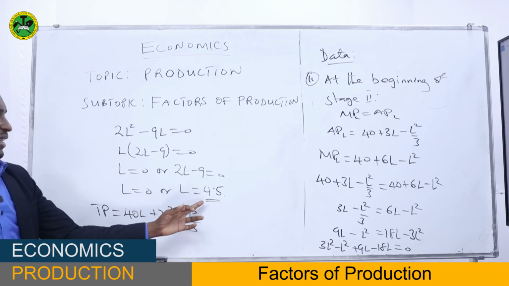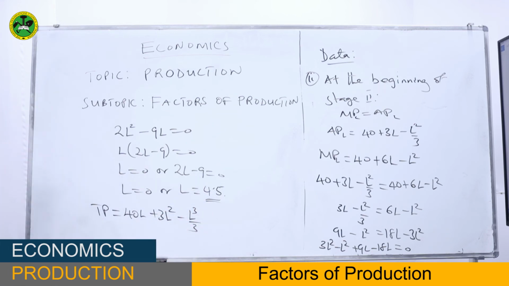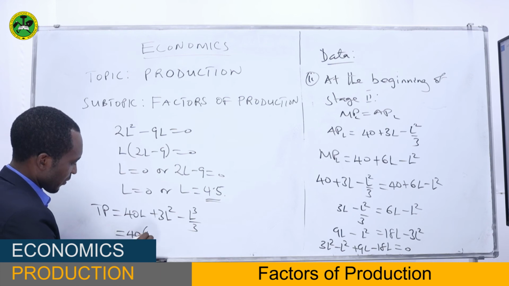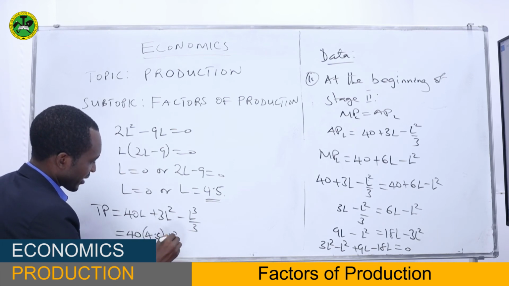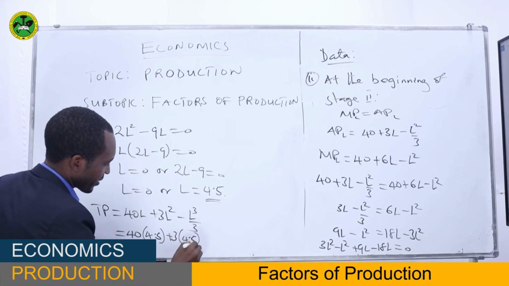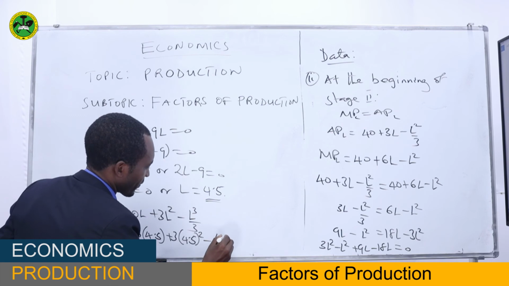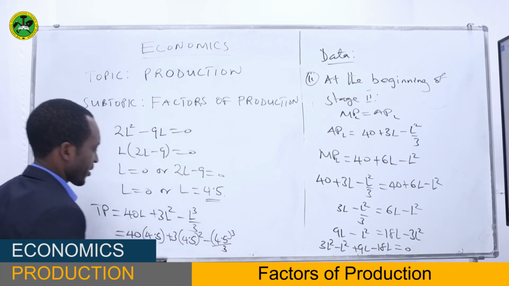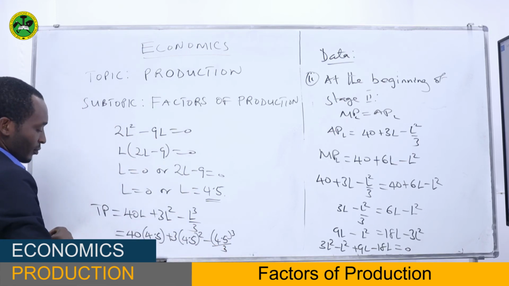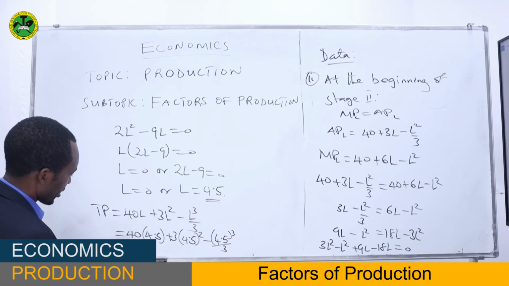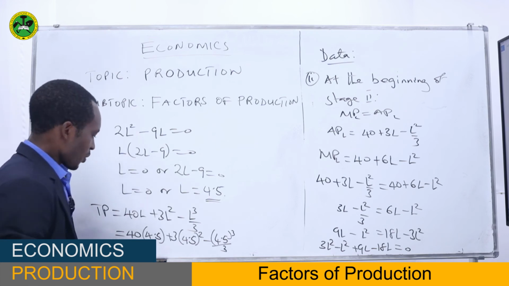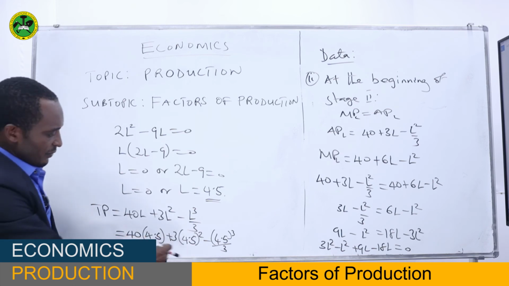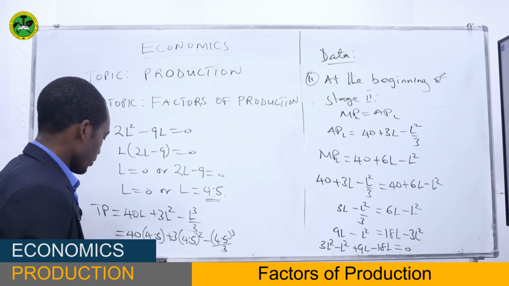You plug this unit of labor into this equation: 4 times 4.5 plus 3 times 4.5 square minus 4.5 cube over 3.